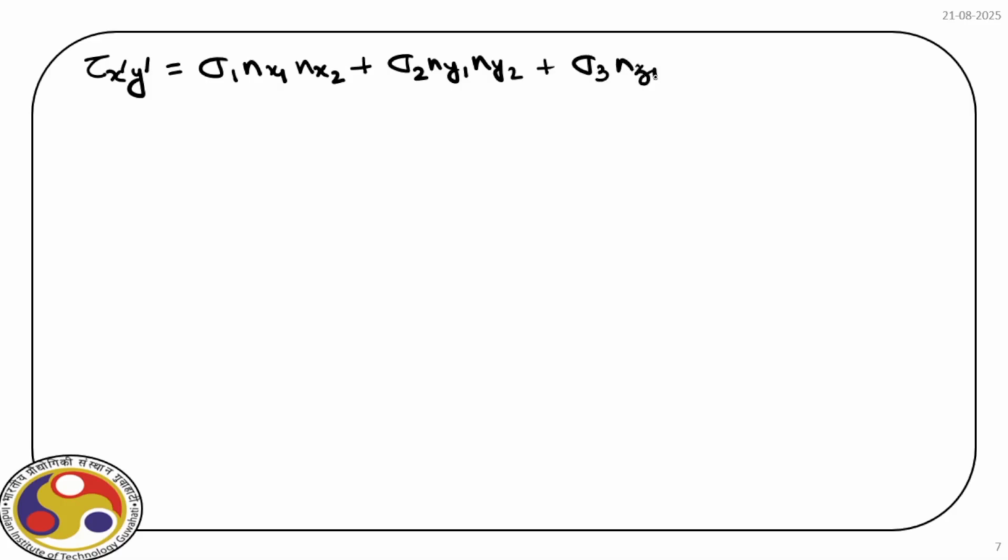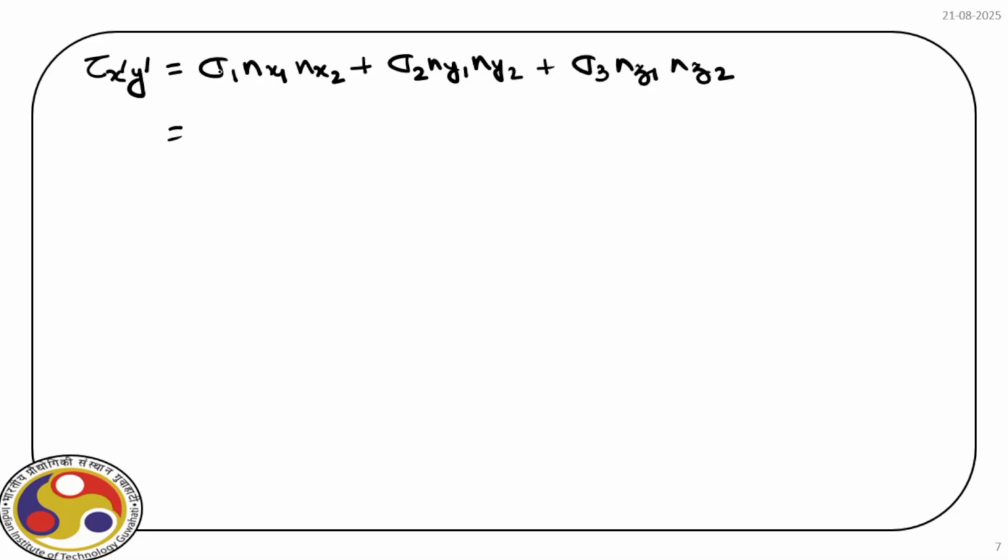So we have tau x prime y prime, which is equal to sigma 1 times nx1 nx2 plus sigma 2 times ny1 ny2 plus sigma 3 times nz1 nz2.